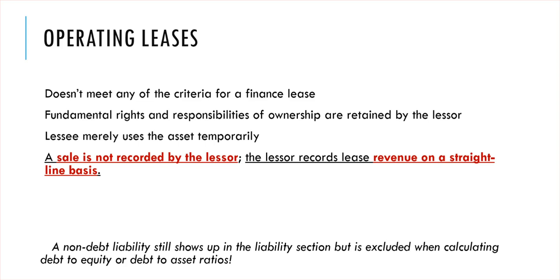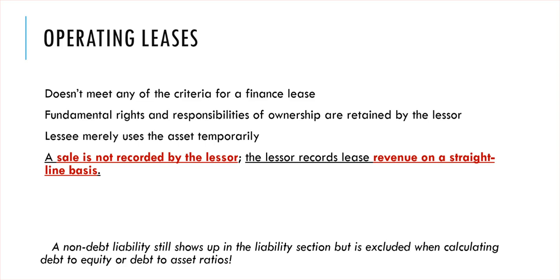Because there is an obligation in a contract which exists, the party that is leasing it has an obligation. Therefore, we have to record a liability. If there's no contract between the parties, there's nothing binding between the parties, you don't have the obligation, therefore there's no liability.